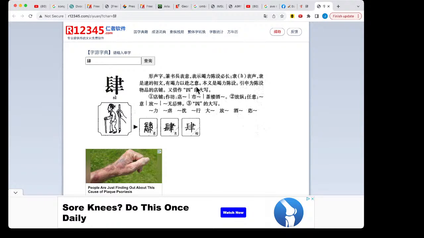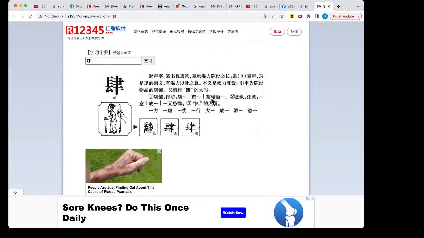Then why is this one used as shop, as a marketplace? Now you can make sense of it, because its meaning is that you try to present things the best you can. That's what shops do, or what shops should do. They should present their merchandise in the best way they can. That's why they use this character to represent shops and marketplace.